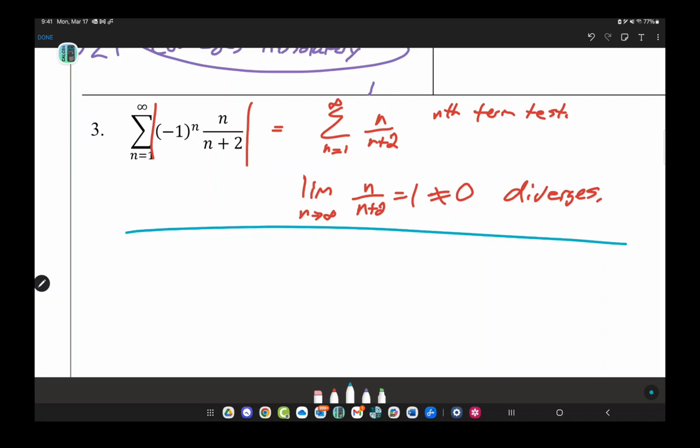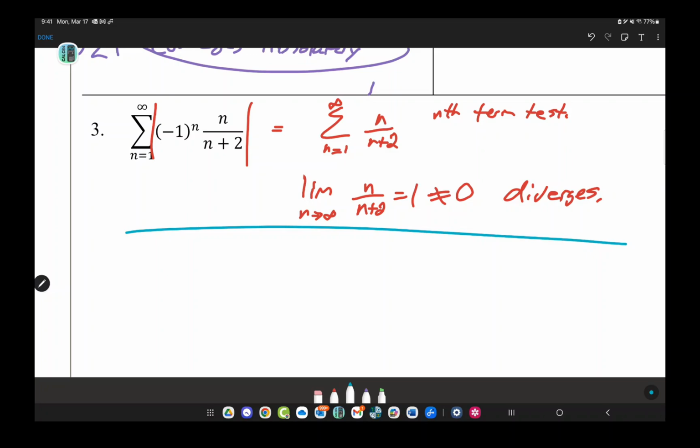So now if we do this one, because we show this diverges, we know if this converges conditionally or diverges.